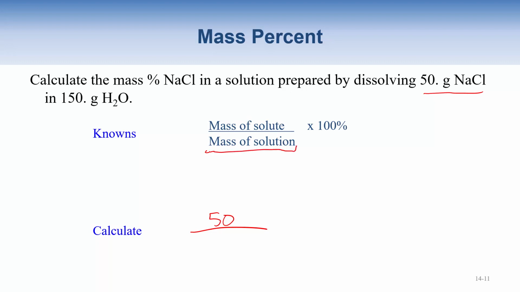Now this is the tricky part that students usually screw up on. We're not talking about the mass of the other substance. We're talking about the mass of the entire solution. The solution is the sodium chloride plus the water. So that's the 50 plus the 150. So that gives us 200 total.